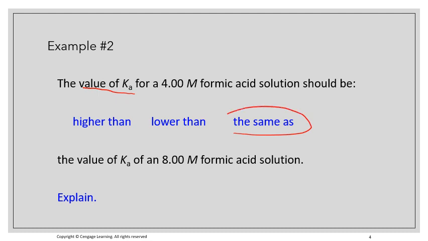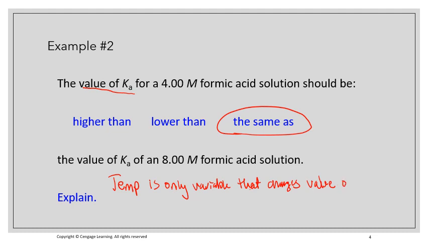So that will be the same as the value of the 8 molar formic acid solution. And the reasoning why, the only thing that changes the value is temperature. So that's the only variable that will change the value of the equilibrium constant.